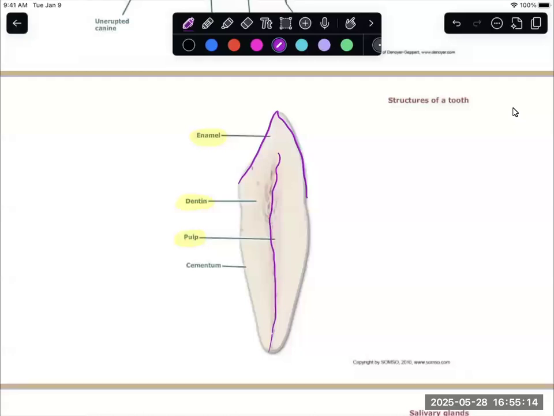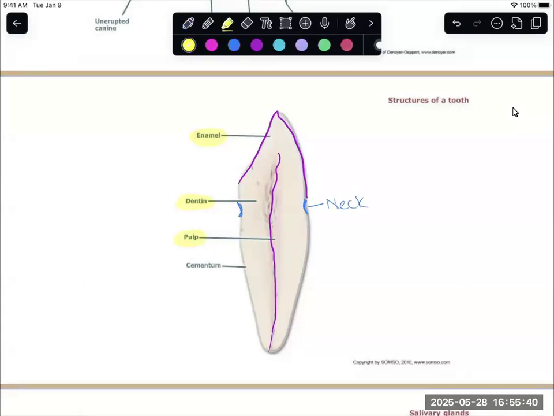The neck of our tooth is this little indentation area here that you can see. That is where the visible portion of our tooth comes in contact with our gums, which goes down into either the mandible or the maxilla.